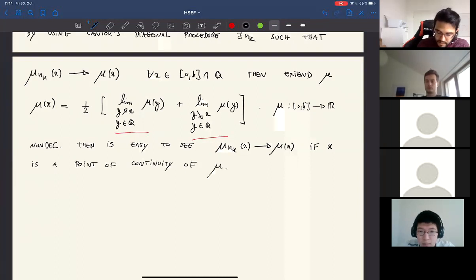So therefore, the subsequence you selected actually converges to mu at all these continuity points.